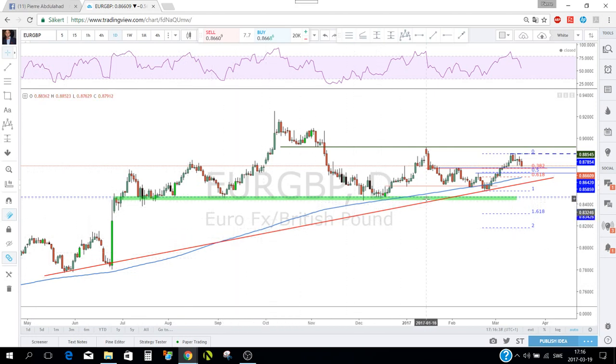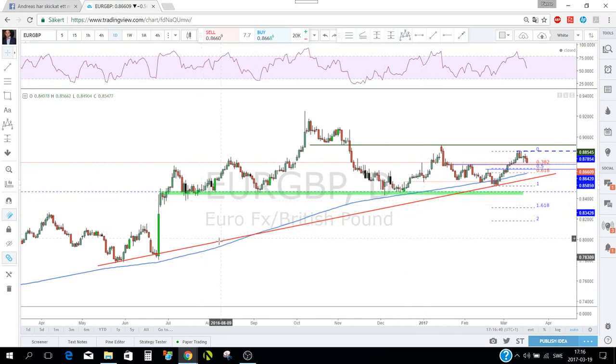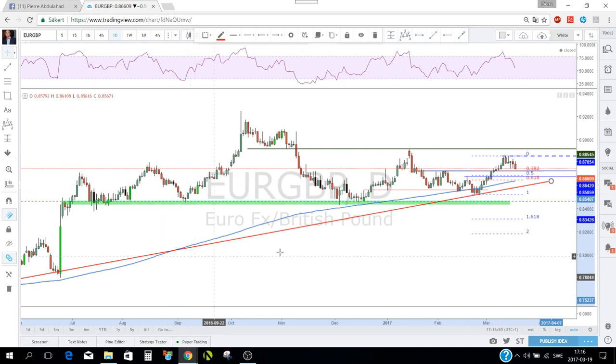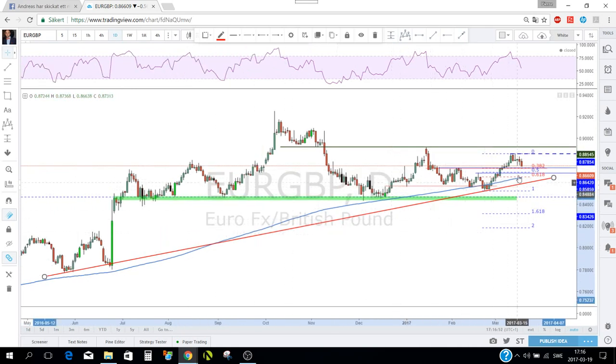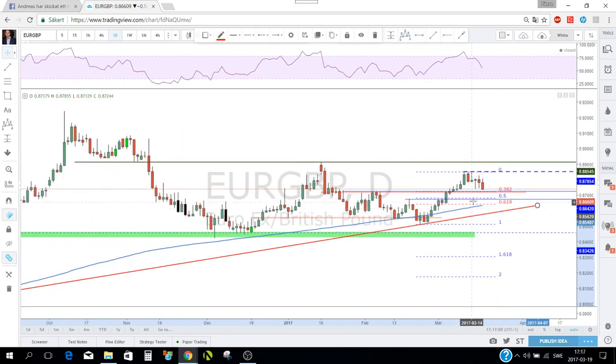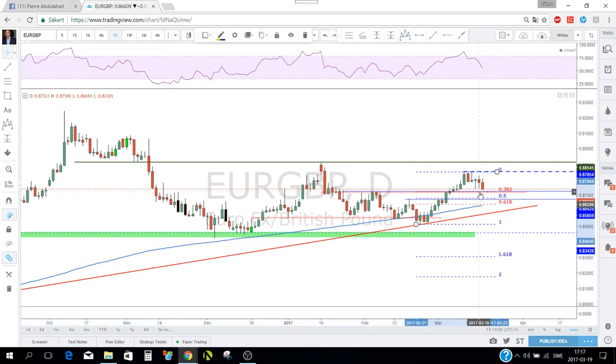So you don't really need this trend line, but if you want it, you can just put it. You have one test here, and this test back up here. Of course you can draw it like this and look for a bounce on it, but I will be looking for bounces on the 200 daily moving average instead in this case, and of course this structure up here.